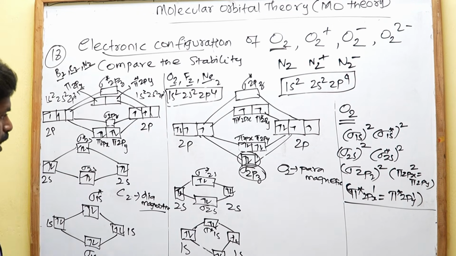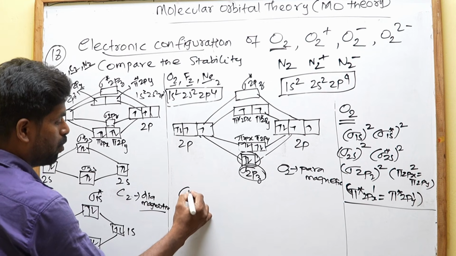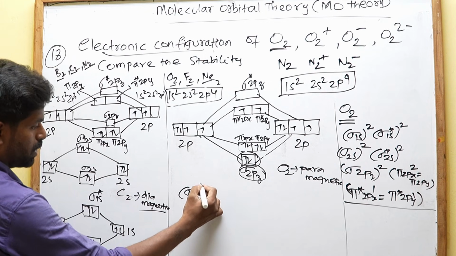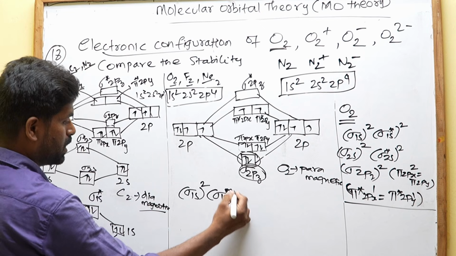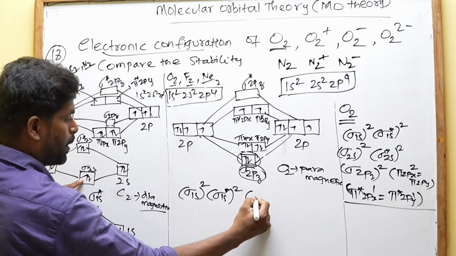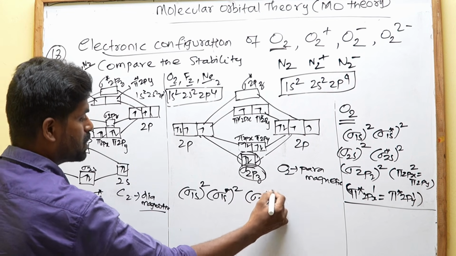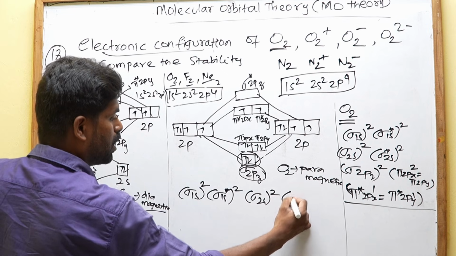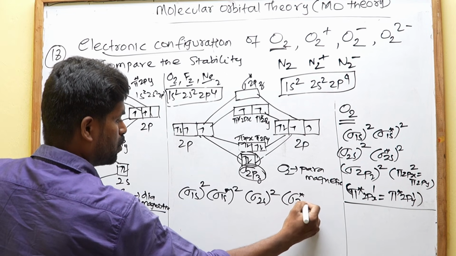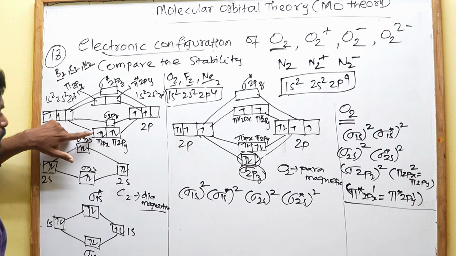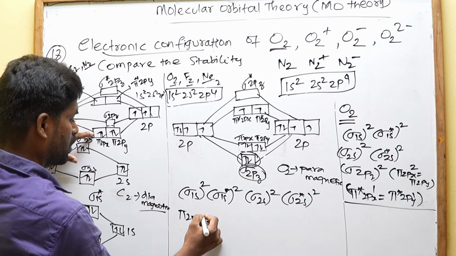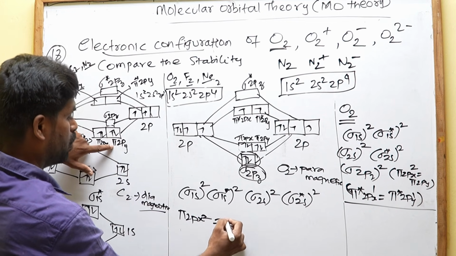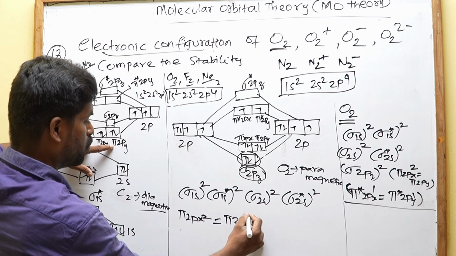For example, in the case of carbon, sigma 1s has 2 electrons and sigma star 1s has 2 electrons, sigma 2s has 2 electrons, sigma star 2s has 2 electrons. Here pi 2px has 2 electrons equals pi 2py 2 electrons.